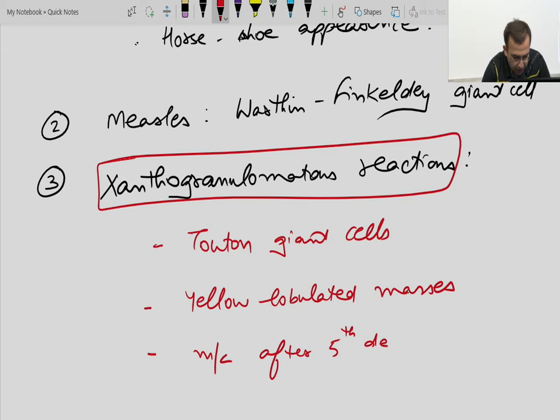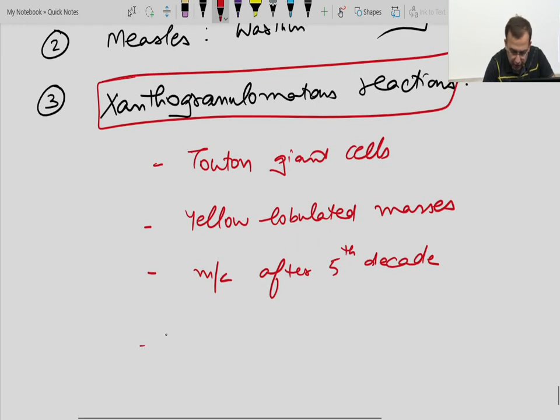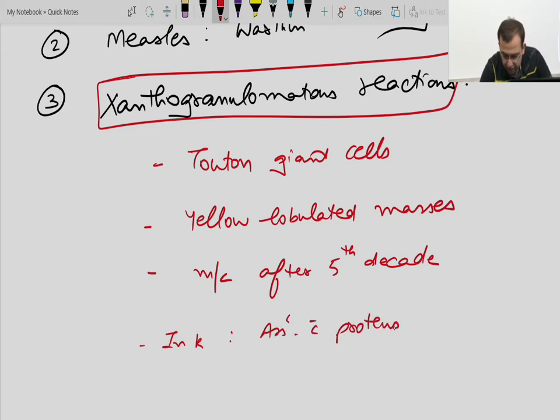In the kidney, it is associated with Proteus infections and obstruction to the outflow.